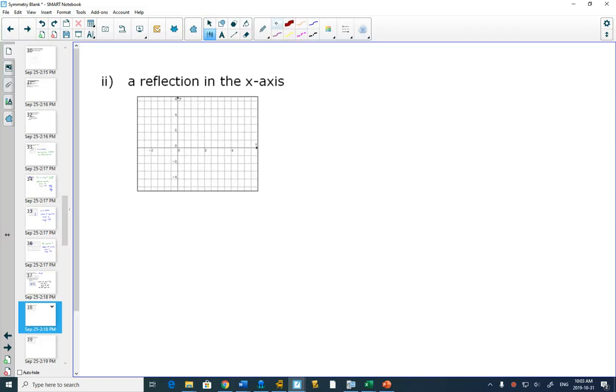Same rectangle. Okay, we'll redraw that same rectangle on the next one.